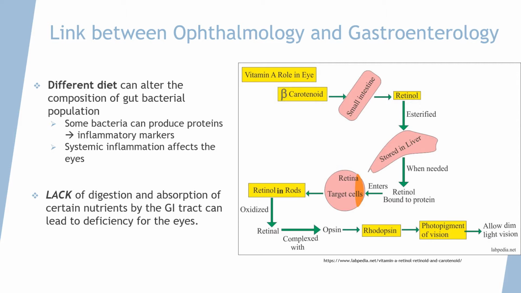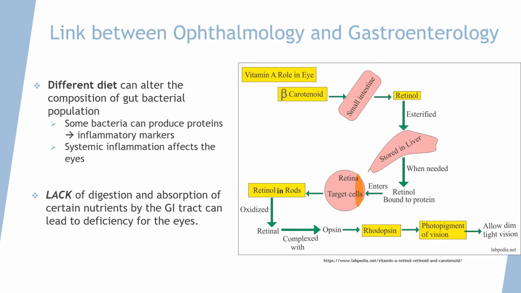Different diets can alter the composition of the gut microbiome, and some of the newly introduced population of bacteria can produce proteins that act as inflammatory markers. This cascade of systemic inflammation can affect the eyes if they have similar proteins with the markers.